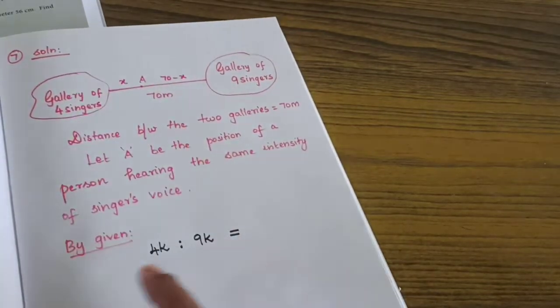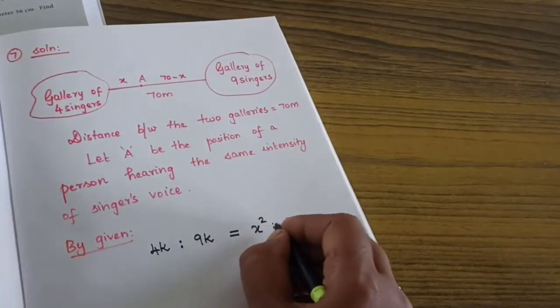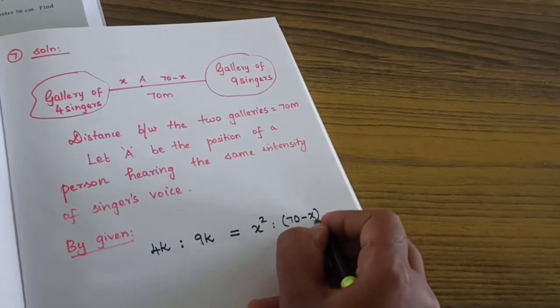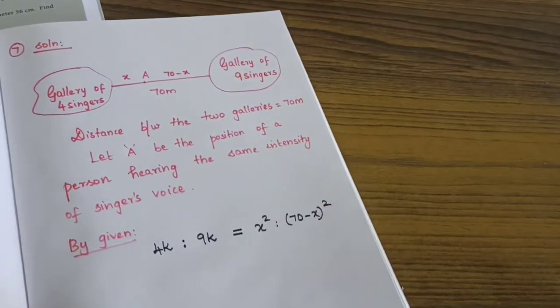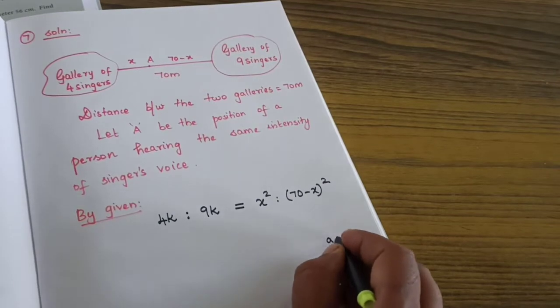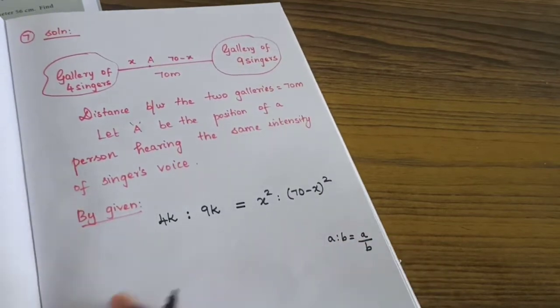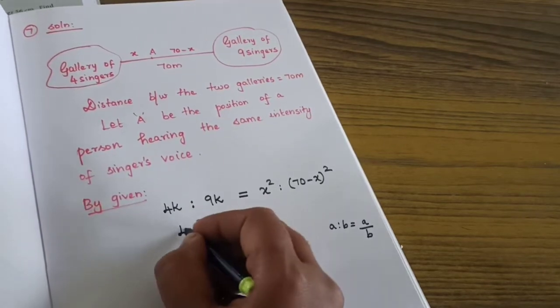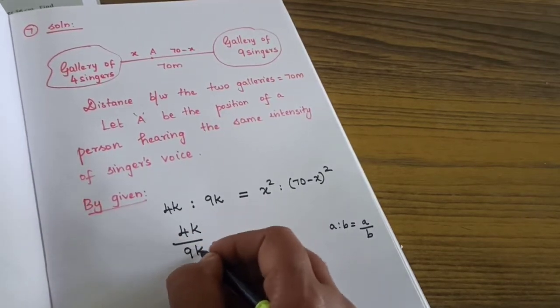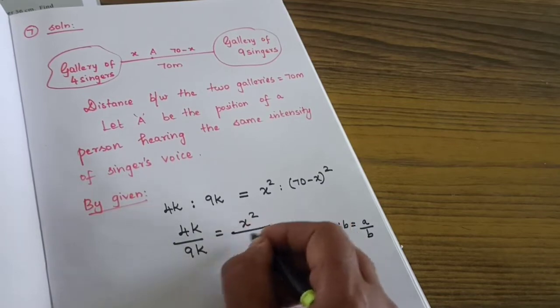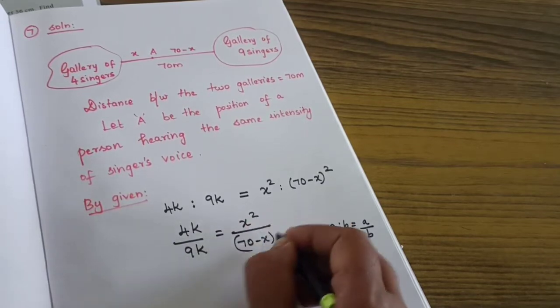What is the corresponding distance? x square is to 70 minus x the whole square. Got it? Now, how will you write A is to B in fraction form? A by B. So 4k by 9k is equal to x square by 70 minus x the whole square.